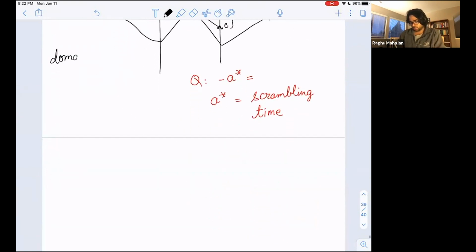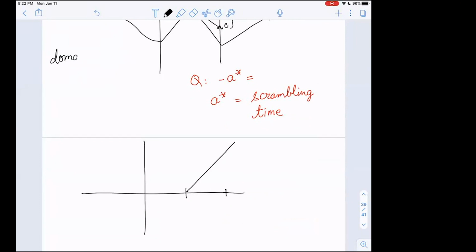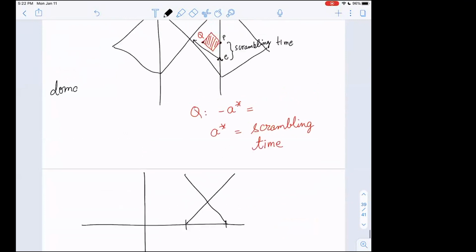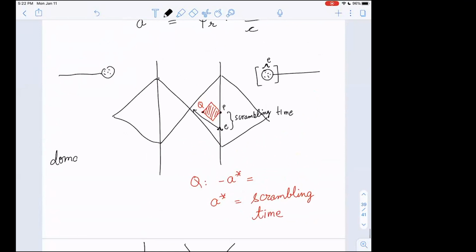You can ask the same question if you're in Minkowski space and you have an interval. What is its domain of dependence? Well, we draw this light cone. Yes, that is clear to me. For Minkowski, it's clear, but for the entanglement wedge, it really is a wedge, right? I mean, as time goes on, P keeps moving up, right?